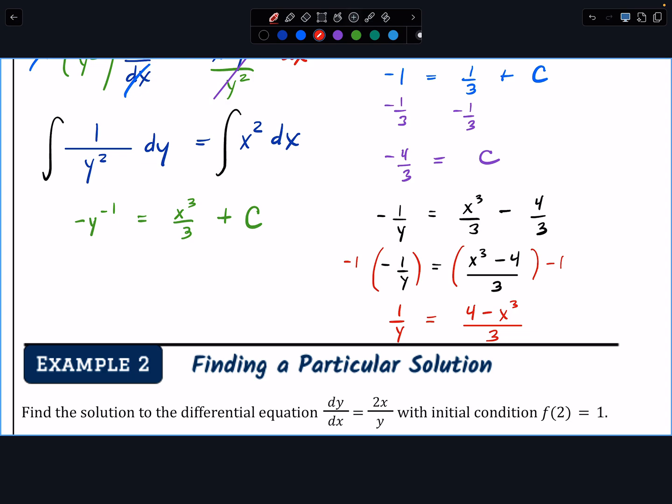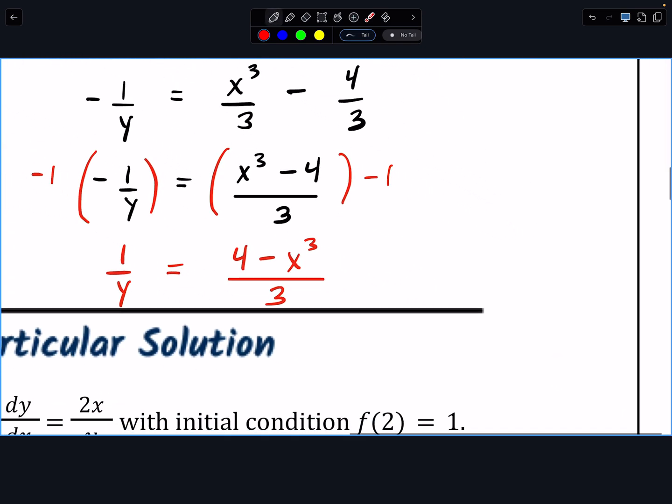Now, I can't leave it like this, so what was the thing that I showed you guys on Friday I need to do? Take the reciprocal, good. So that means that I could say now that y is equal to 3 all over 4 minus x cubed.